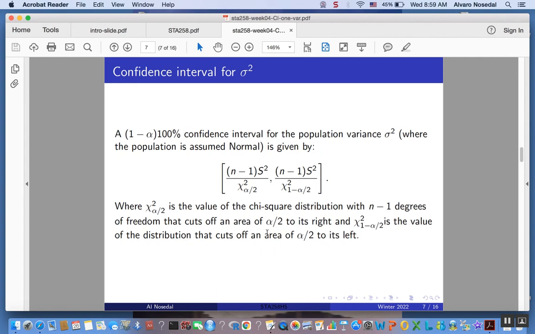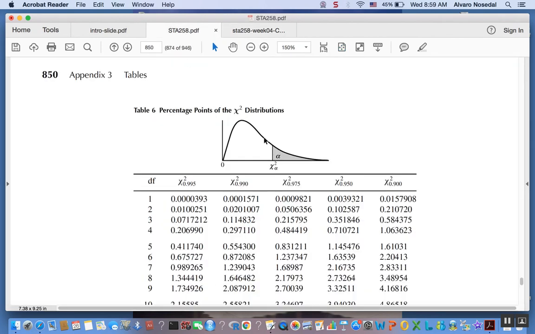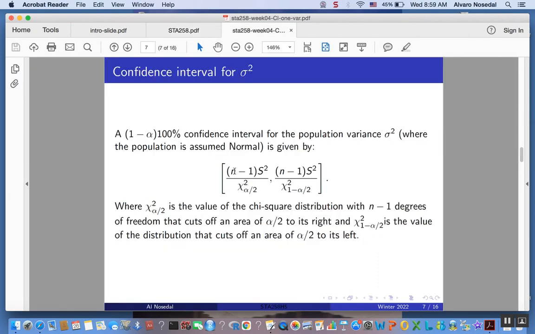Okay, and now again this notation should make sense, and we are using this notation because we're going to be using that table. So this guy is a critical value from a chi-square with n minus 1 degrees of freedom, such that the area to the right is alpha divided by 2. On the other hand, this guy here is a critical value from a chi-square with n minus 1 degrees of freedom, but with an area of 1 minus alpha divided by 2 to its right.